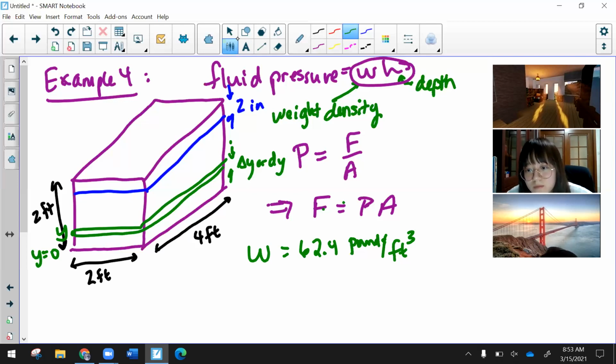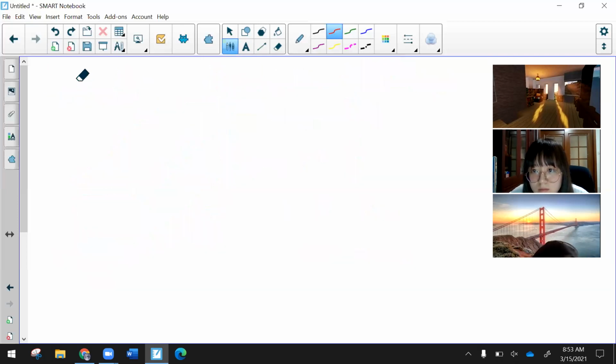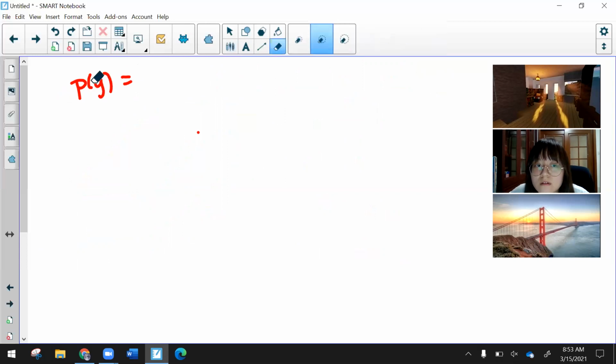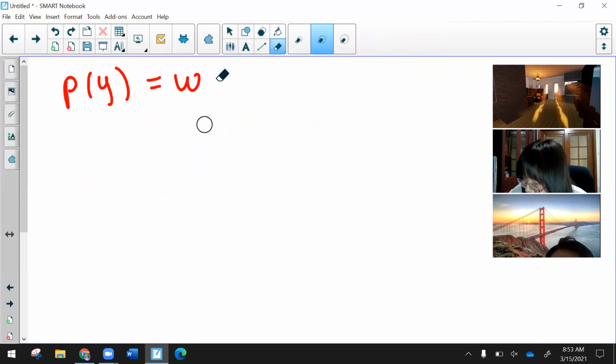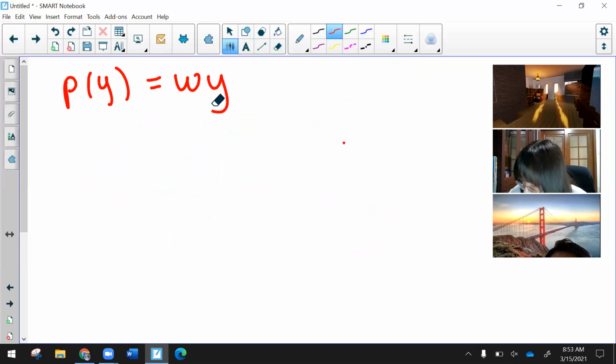Okay, we good? All right, I'm going to go to a new screen just to keep things from getting messy. So my pressure as a function of depth, P of y, is going to be that weight density, which is that 62.4 times whatever my y value is.